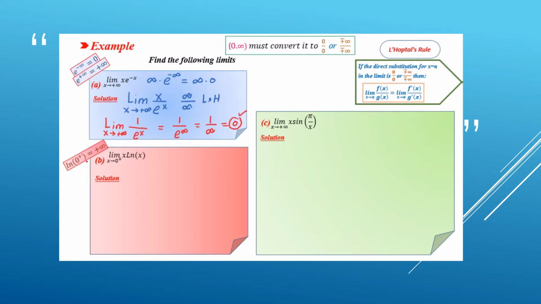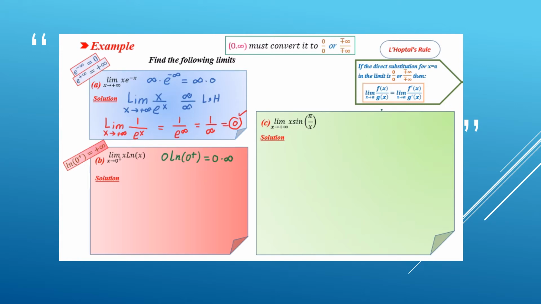For the second part, part B, we have the limit of x ln x when x goes to 0 from the right. By direct substitution for 0, you will get 0 multiplied by ln of 0 from the right, and ln 0 from the right equals positive infinity. So we have the indeterminate form 0 times infinity.